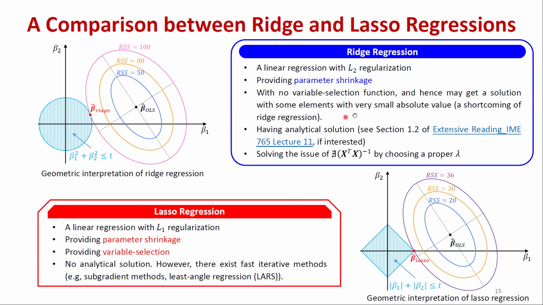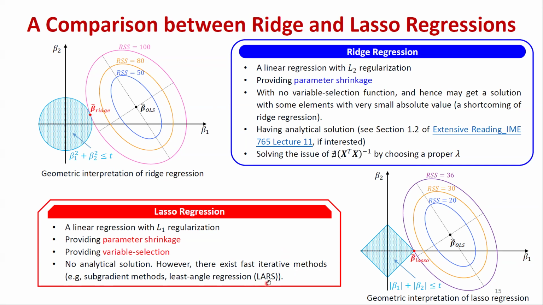So here is a comparison of the ridge regression versus the lasso regression. Ridge regression has the shrinkage, but it doesn't have the parameter selection or variable selection. By comparison, lasso is not only parameter shrinkage, but also variable or parameter selection. However, a good thing is that for ridge regression, it's super fast to solve, and the solution is an analytical solution.